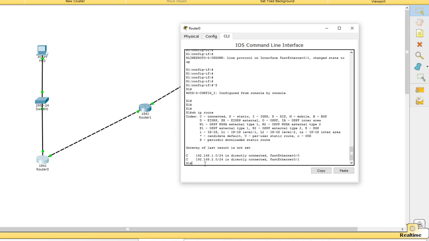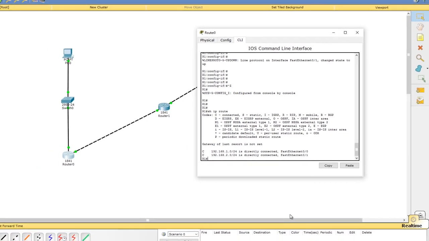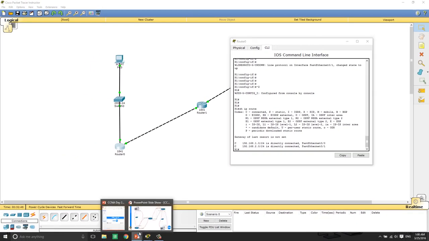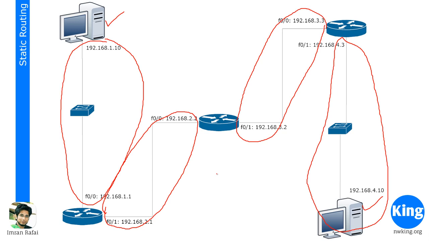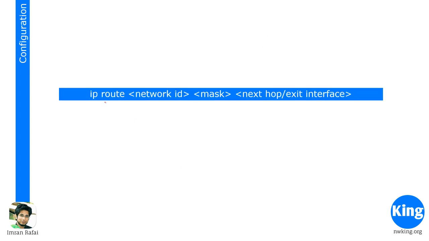How do we do that? So the format for static route is this: IP route, then give the network ID, then give the mask, and then you need to give the next hop IP address, or you need to give an exit interface. What do I mean? Wait a minute, I'll show it to you.